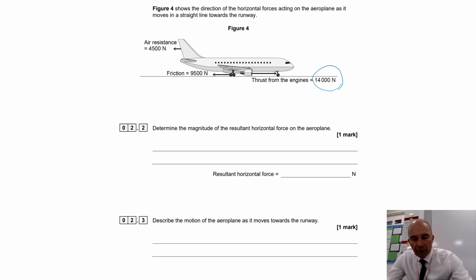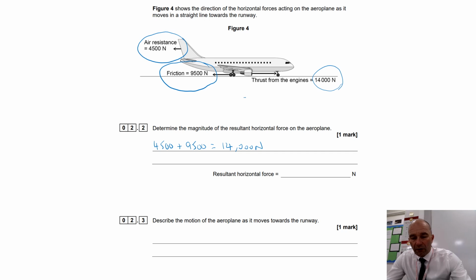Now we've got friction and air resistance. Now the air resistance and the friction, if you look at the arrows, are both working in the same direction. So that means our resistive forces we need to add together. So you've got 4,500 plus 9,500 newtons. That gives you a force of 14,000 newtons.